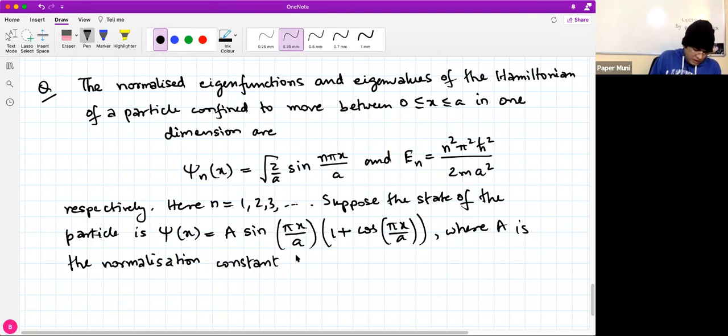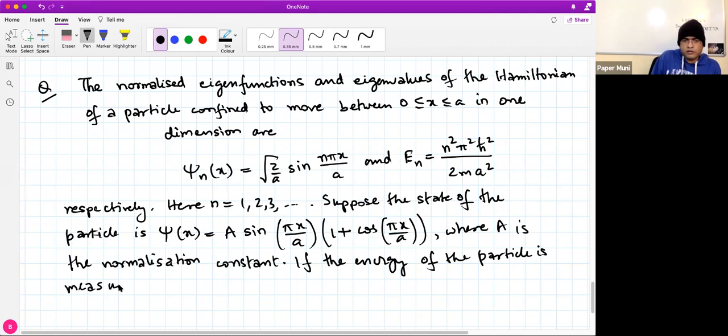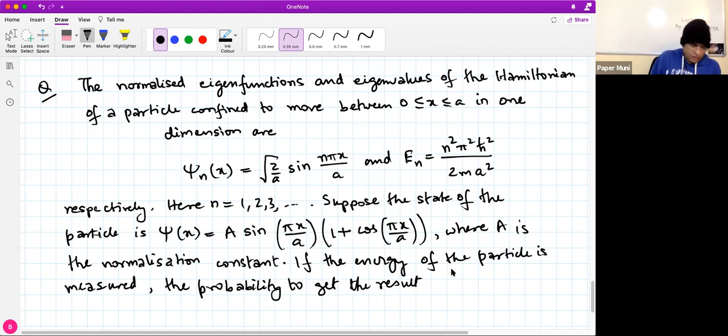A is the normalization constant, and if the energy of the particle is measured, the probability to get the result π²ħ²/2ma² is x/100.